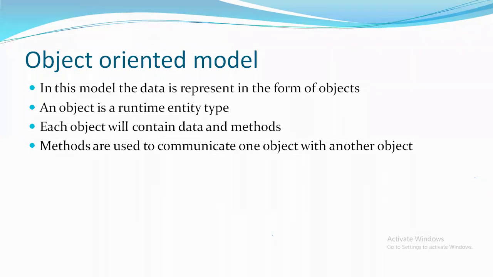In the network model, the data is represented in the form of networks or graphs. Graph means nodes and edges. An edge is a connection between two nodes. So we are using the graph structure.